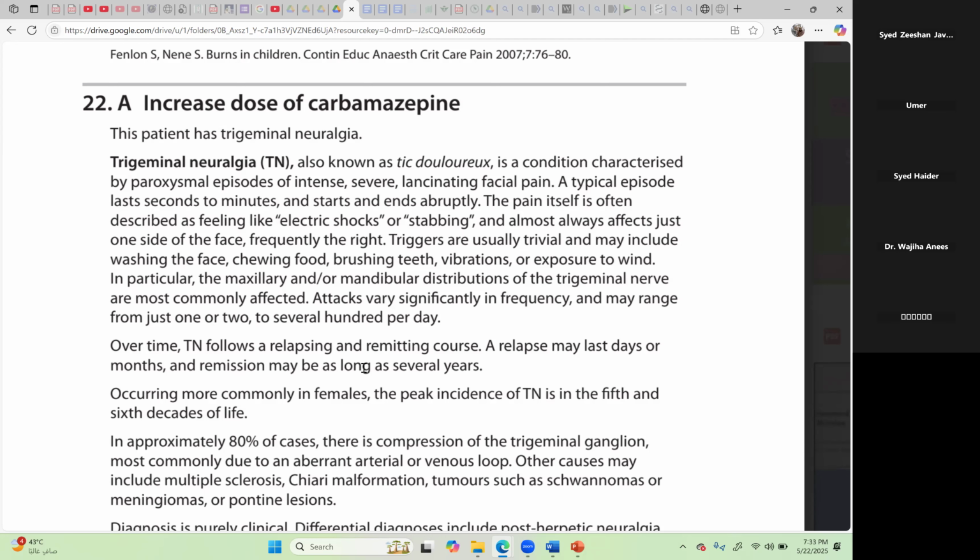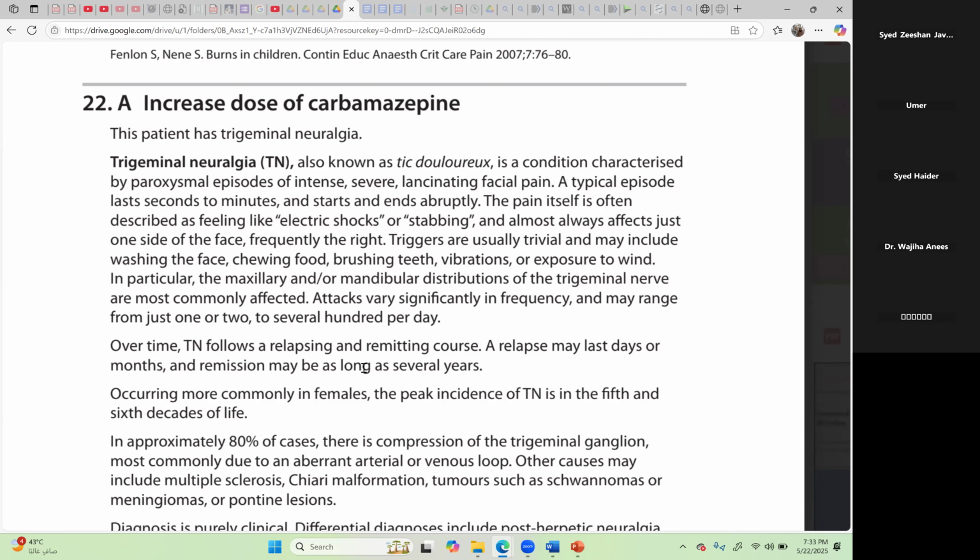The pain itself is often described like electric shocks or stabbing, and almost always affects just one side of the face, frequently the right. Triggers are usually trivial and may include washing the face, chewing the food, brushing teeth, vibrations, or exposure to wind, and even certain sounds. It's not written here, but it is through sharp sounds as well.